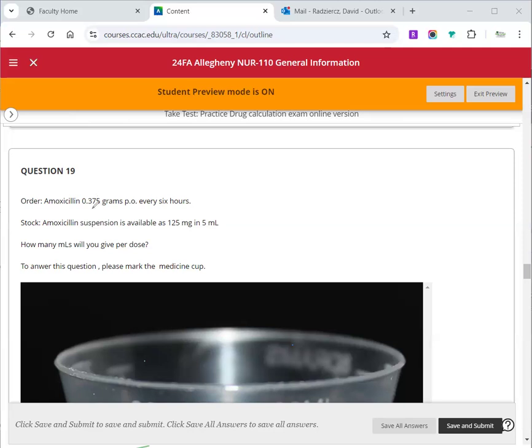So the important thing is you have to remember to convert your 0.375 grams to milligrams. This is why it's good to practice these things. So that's the same thing as 375 milligrams over my 125 milligrams, my available, times my 5 ml. And then you're going to get 15 ml as your answer.